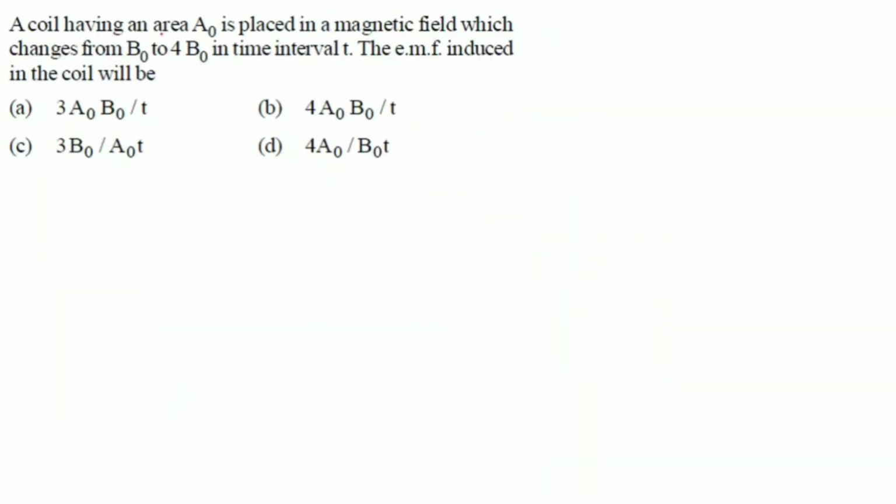A coil having an area A0 is placed in a magnetic field which changes from B0 to 4B0 in time interval T. The EMF induced in the coil will be. So EMF induced is given by the equation E equal to d phi divided by dt.